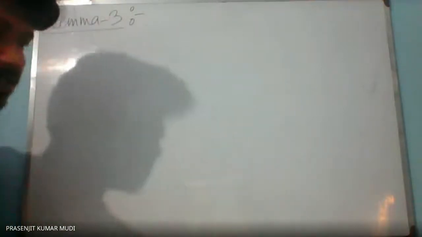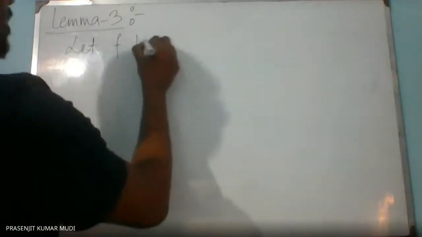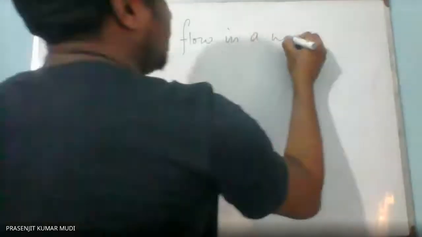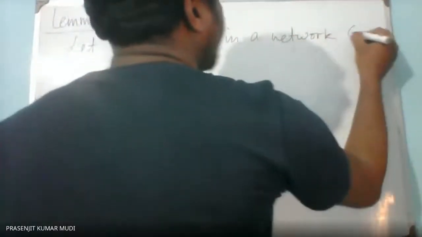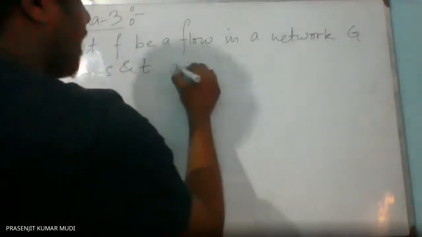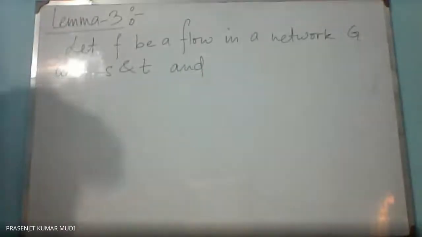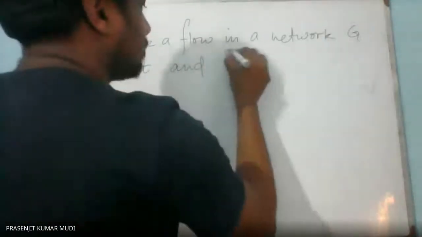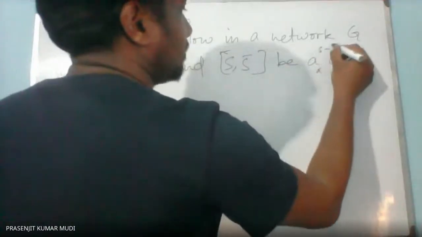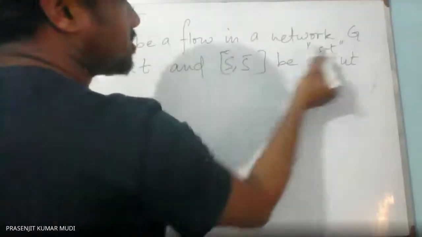So all these three lemmas altogether form the entire Max-Flow Min-Cut theorem. Lemma 3 is: let F be a flow in a network G, again with the same definition, source and sink, S and T, and (S, S bar) be a cut. In fact, an S-T cut. S belongs to S, T belongs to S bar.